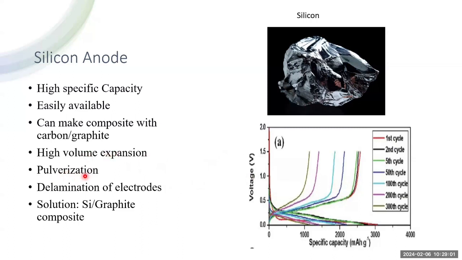What is pulverization? During charging and discharging and this volume expansion, the electrode cracks, and that is called pulverization and delamination. If we can do silicon graphite composite, we can solve it, and we will see how we can solve it.